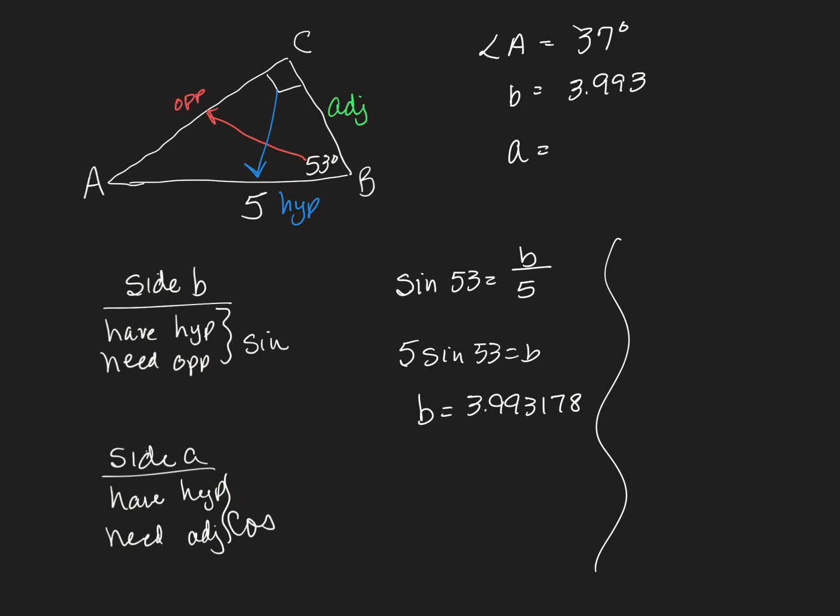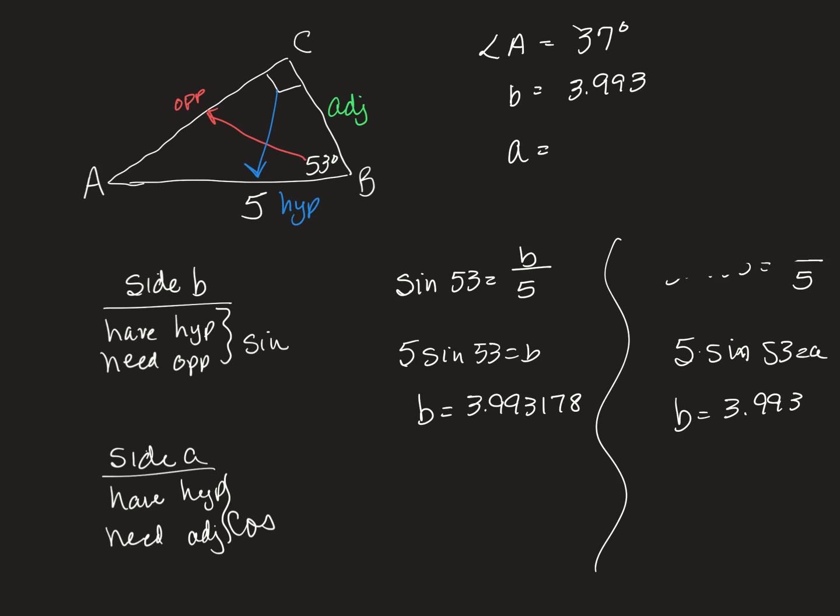Let's do side A. So sine of 53 equals my adjacent side, which is little a, over my hypotenuse, which is 5. Multiply both sides by 5. Nope, why'd I do sine?